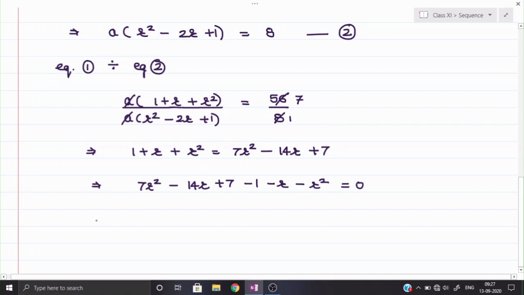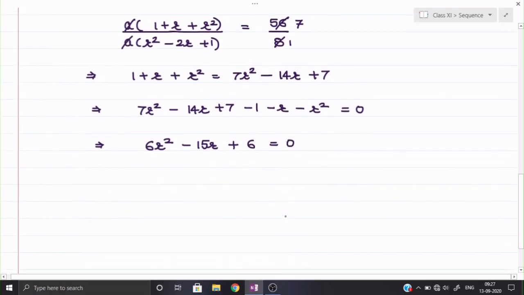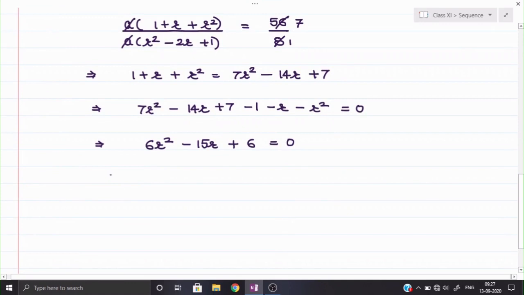Now from 7R square, if I subtract 1R square, this will be 6R square minus 15R. 14R and R will be added, and 7 minus 1 will become 6. We can divide the whole equation by 3 because all are multiples of 3. So it will be 2R square minus 5R plus 2 is equal to 0.